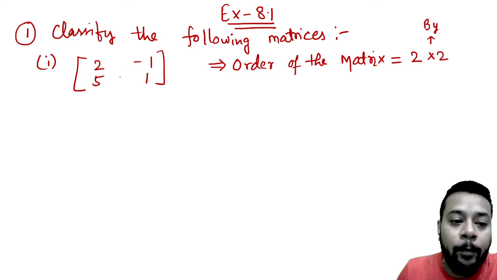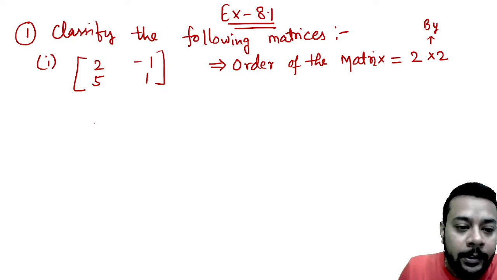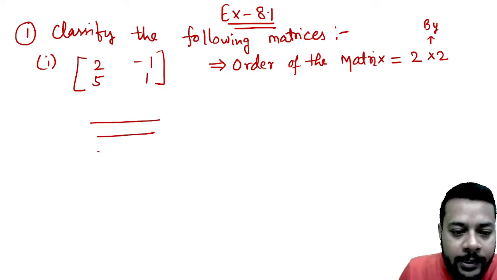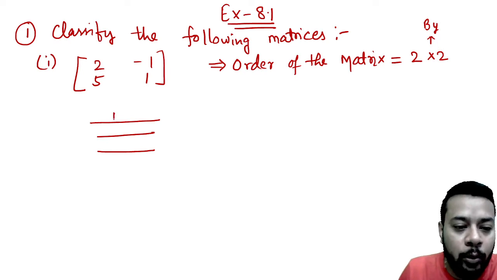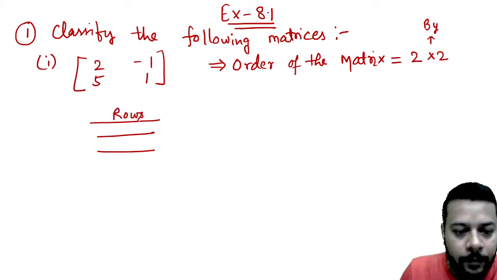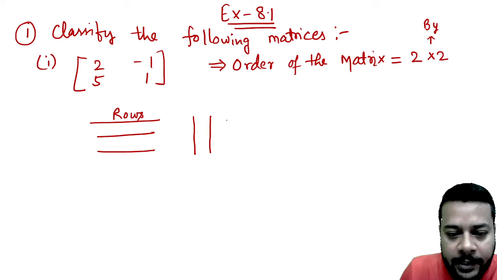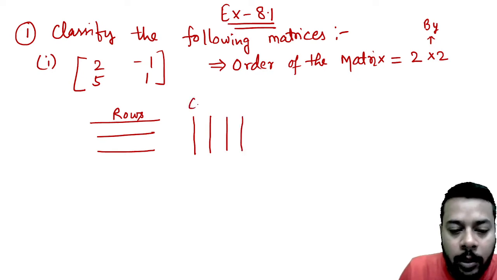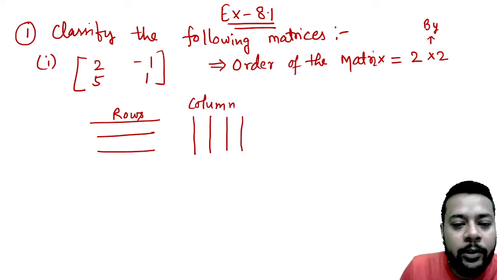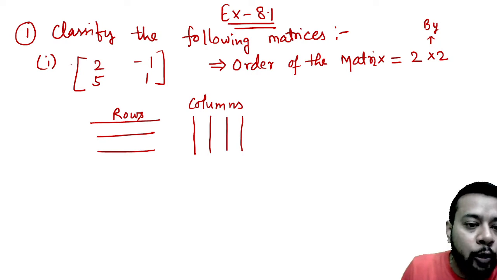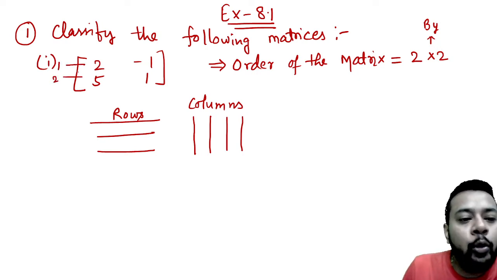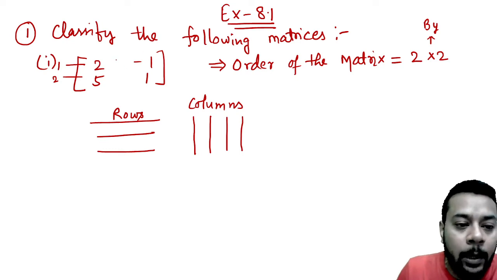Another thing which is very important, please understand, these horizontal lines are known as rows, and these vertical lines are known as columns. So if you see students, how many rows are there? You will say, sir, there are total 2 rows. And how many columns?